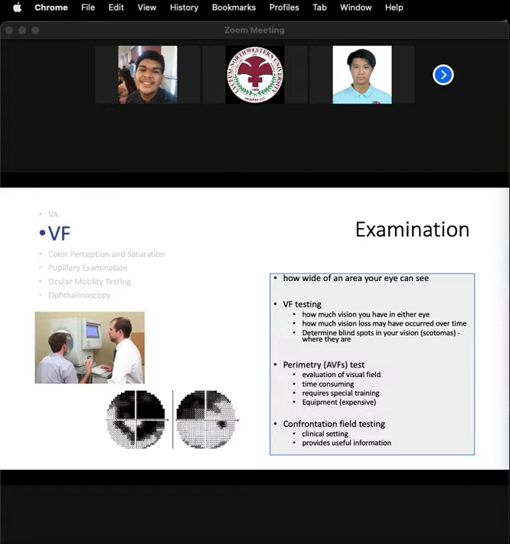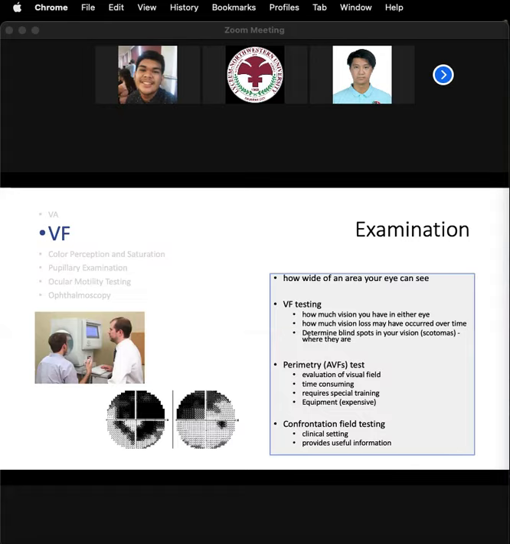Visual field testing can be done in two ways. You have your perimetry or automated visual fields testing, or in your clinics, you can simply do the confrontational testing. Perimetry is the formal evaluation of your visual field.